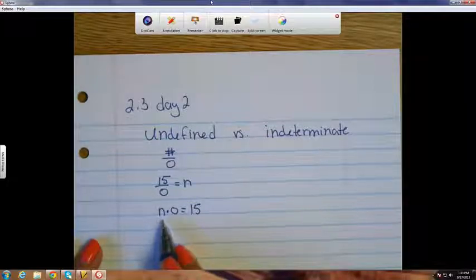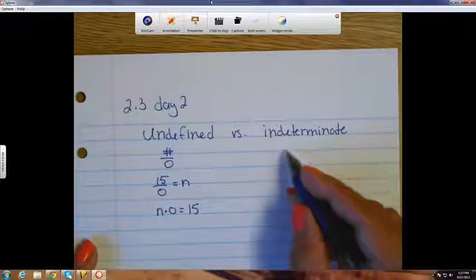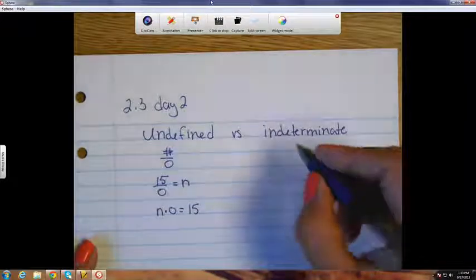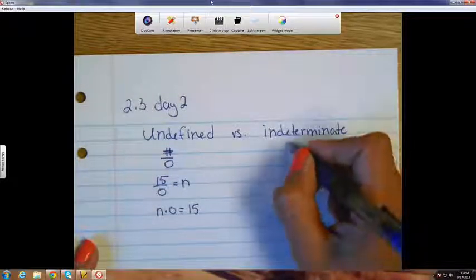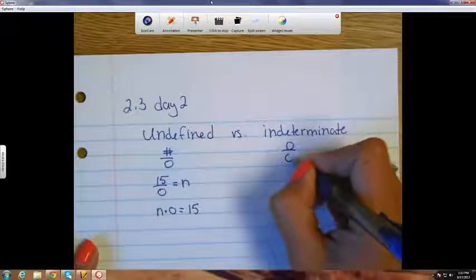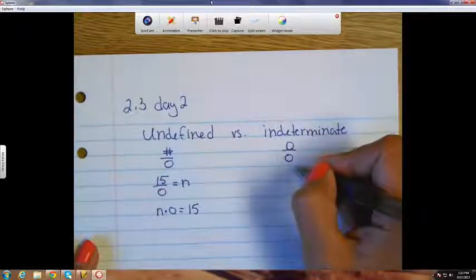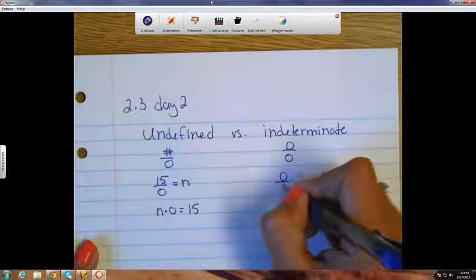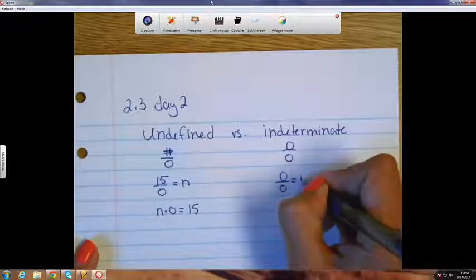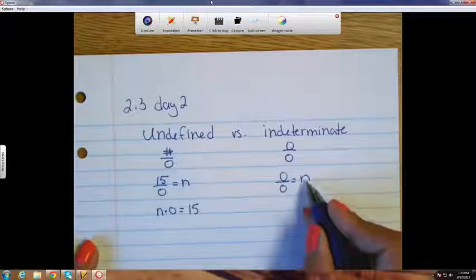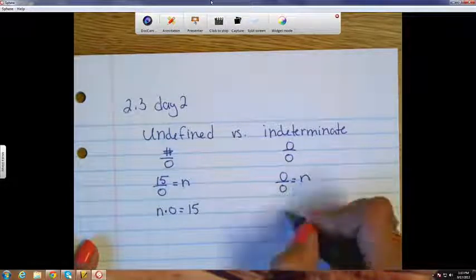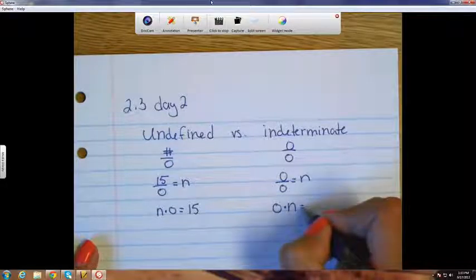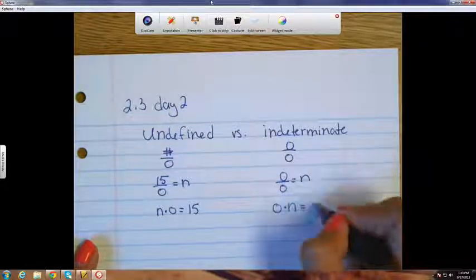So, undefined. Indeterminate is when we have 0 over 0. If it wasn't indeterminate, you would say that 0 over 0 equals some number. And the fact family says, if I just do cross products here, that there's 0 times some number that equals this top value of 0.